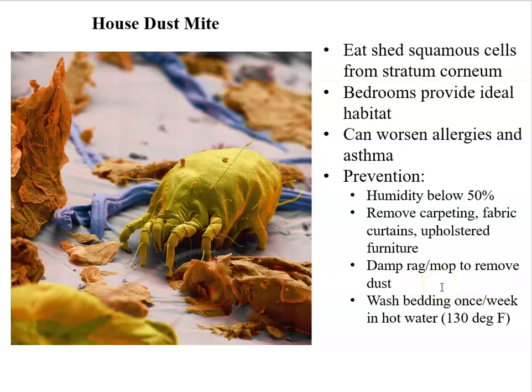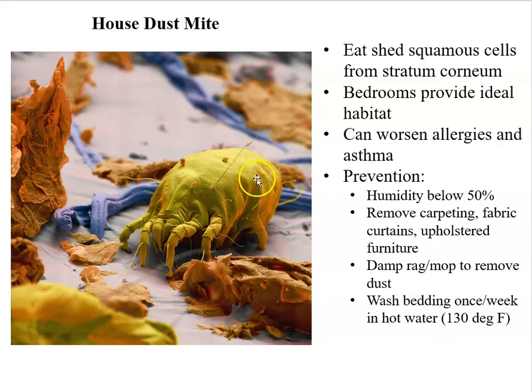If you use a dry rag, it just stirs it up, which will increase allergy symptoms. And then washing bedding and blankets once a week in hot water, 130 to 140 degrees Fahrenheit. And while we can't completely eliminate them, we can decrease their numbers and decrease our symptoms.